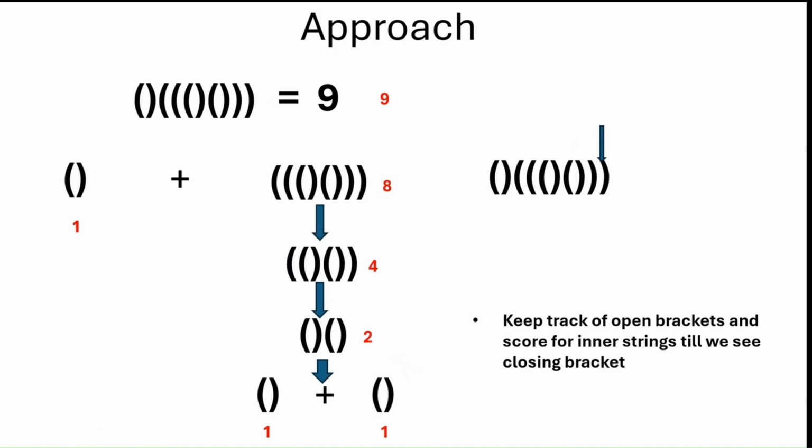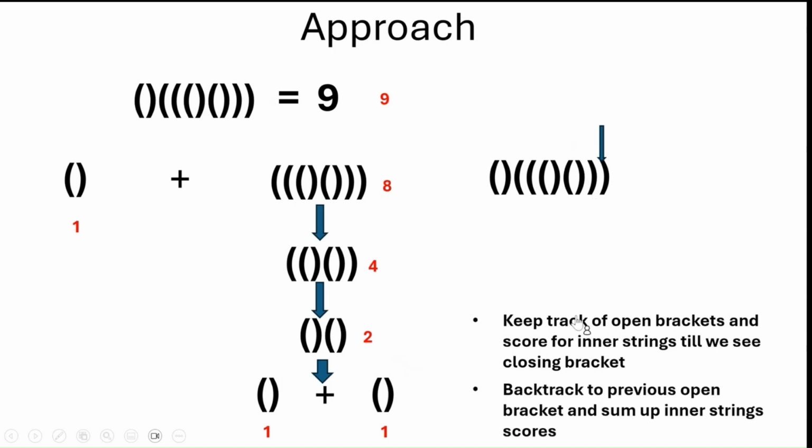Why till the closing bracket? Because when we see the closing bracket, it is kind of the end of some valid parenthesis string. When we calculate the score, and we see the closing bracket, we need to backtrack to the open bracket for that closing bracket. And while doing that, we need to sum up the inner string scores so that we can get the overall score for that valid string.